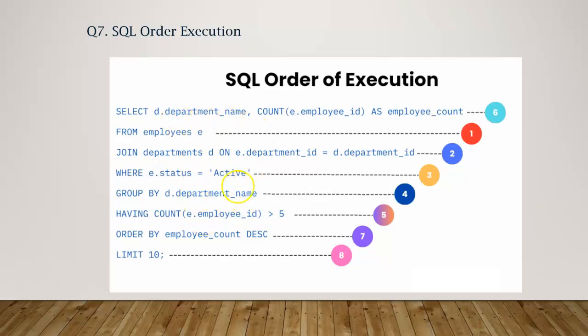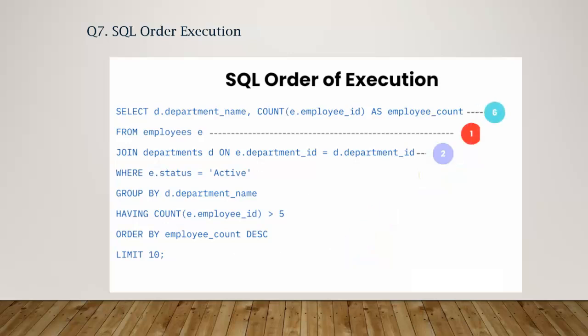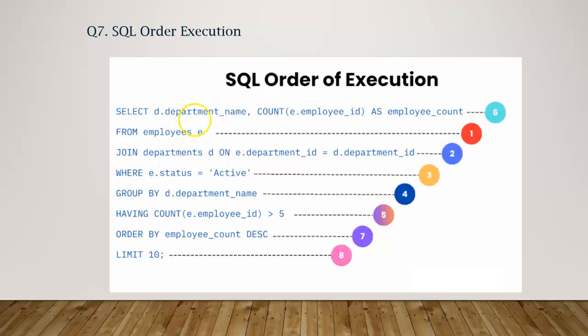After all the filtering, grouping, having and joins, it's going to SELECT whatever you require, and you get the result of the select after all the joins and information. And after that it will do the arrangement, either ORDER BY or limiting your queries. So this is how your SQL query gets executed.